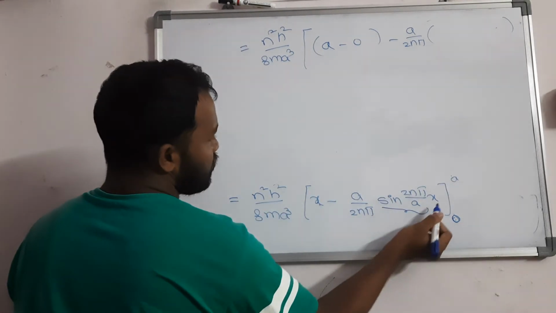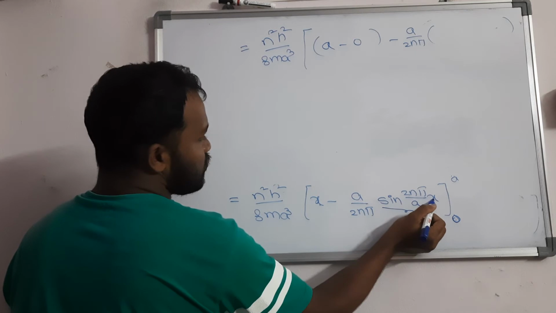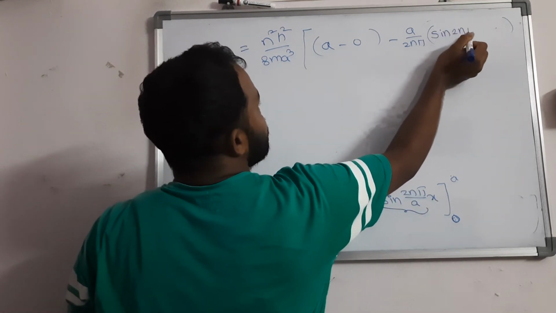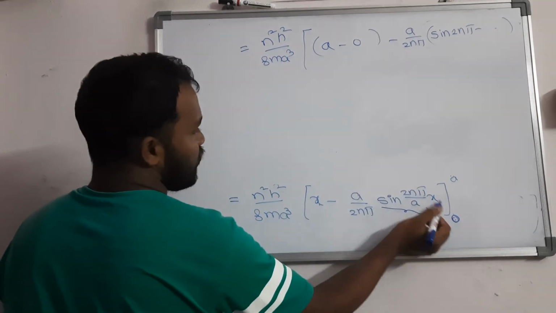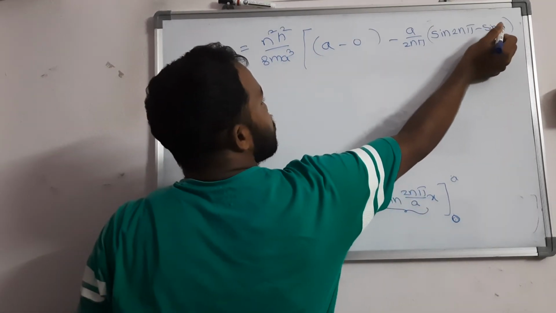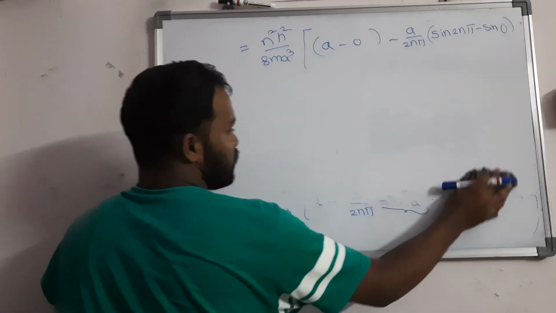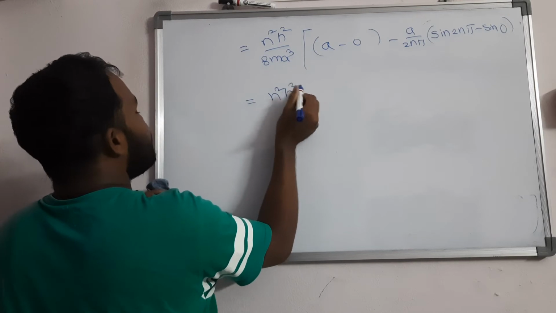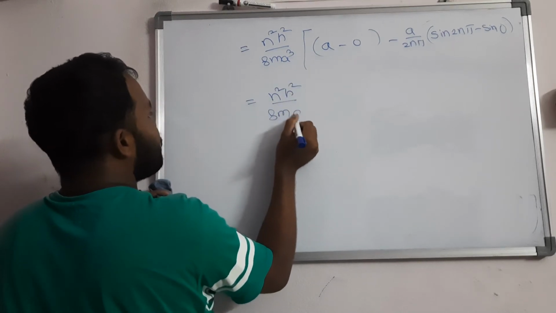In place of x you substitute a, a gets cancelled. You will get sine 2n pi minus sine 0. After that, n square h square by 8 m a cube.